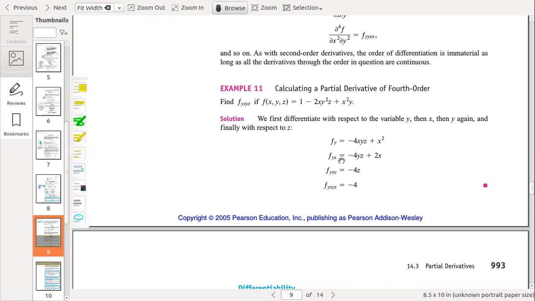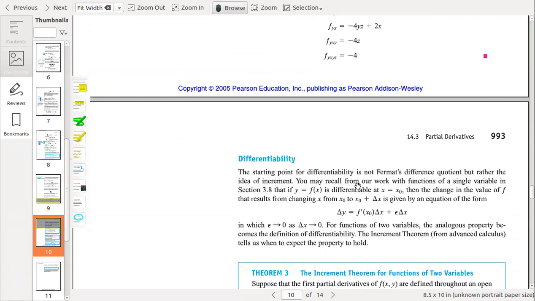Then again, on this function we calculated partial f over partial y. So derivative of y is 1 and 2x is considered as a constant. And over this we applied derivative partial f over partial z. Since derivative of z is 1, we will get this result. So it's not so difficult.